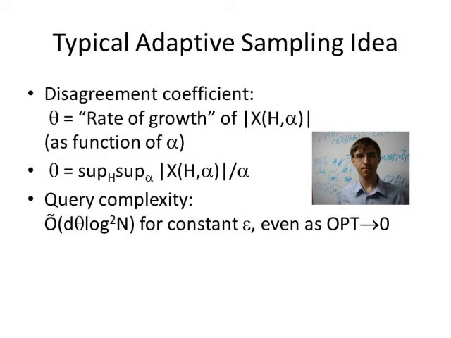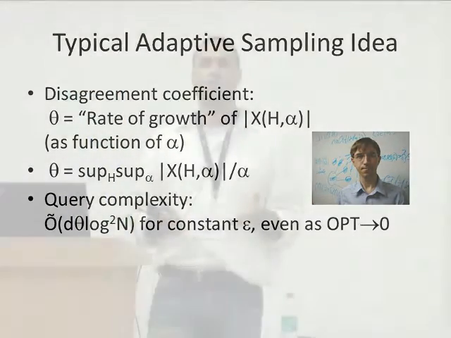And then you ask, what is the size of the disagreement region? The smaller it is, the better off you are, because you probably need to query less. So there is an invariant of the concept class, the space of solutions, called theta, the disagreement coefficient. This is all literature from general active learning theory.